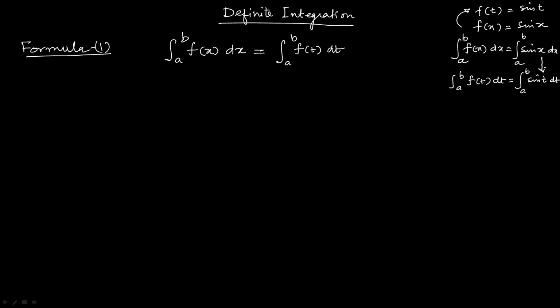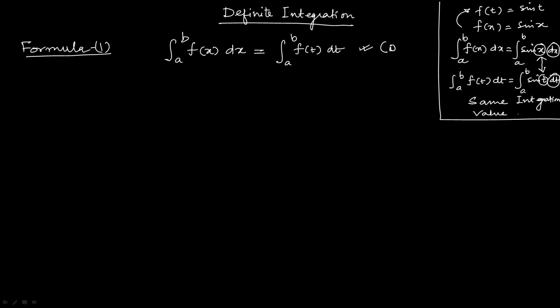Here t is changing with x and dx is changing with dt, so automatically both will give the same integration value. So when these two give the same integration value, they will be equal. Here there is nothing to prove, it is obvious. Just remember: if x and dx are both interchanged with another variable, then the integration will remain the same.